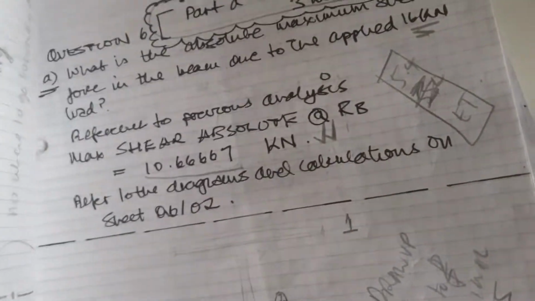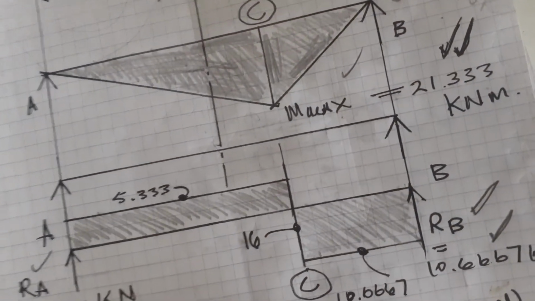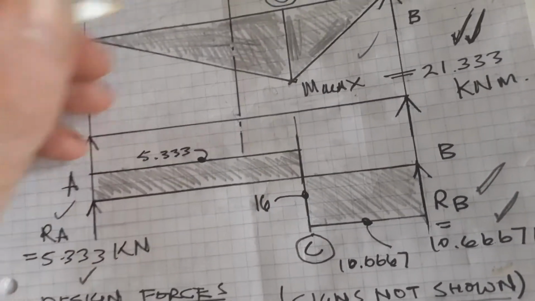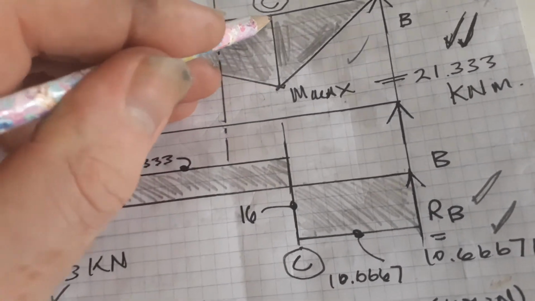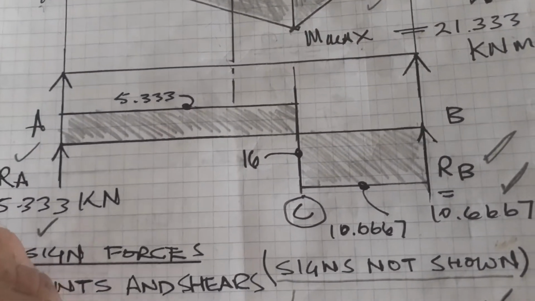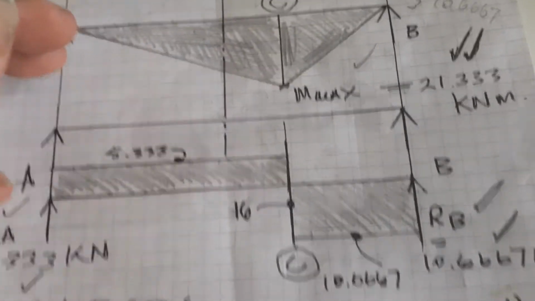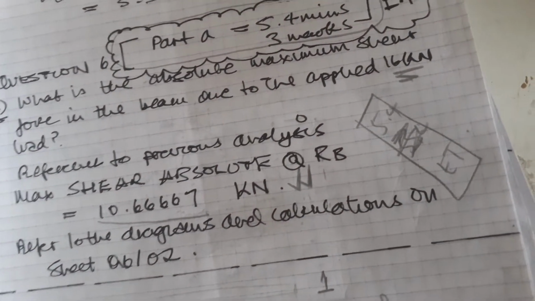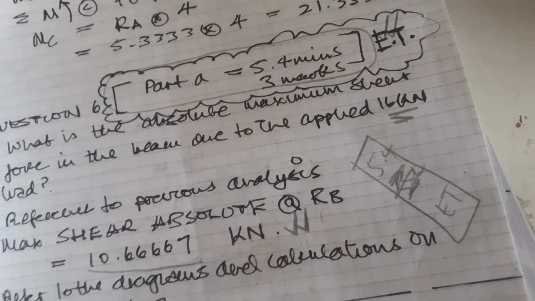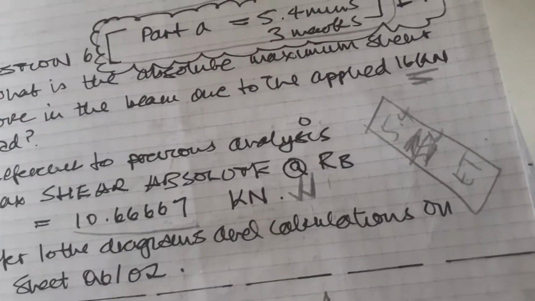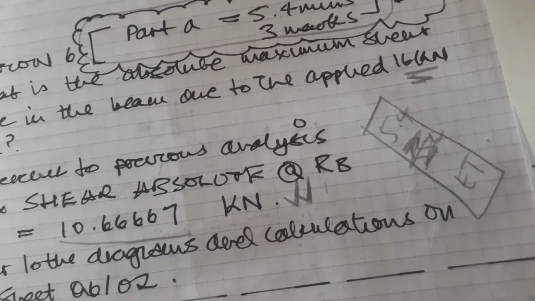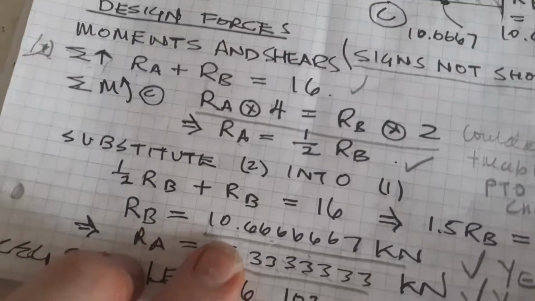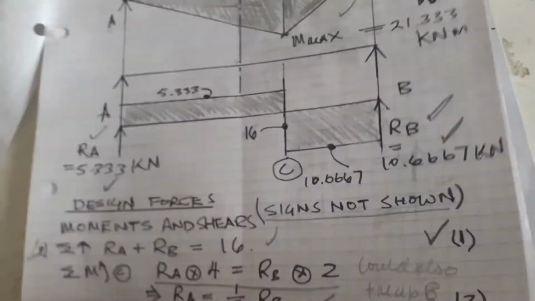If we take moments about the left hand side of C, we've got RA times 4 is the moment applied at C. So that is 5.333 times 4 meters, and that is 21.333 kilonewton meters. So that's our first 3 marks done, because part A says what's the maximum shear. Maximum shear is 10.6667.